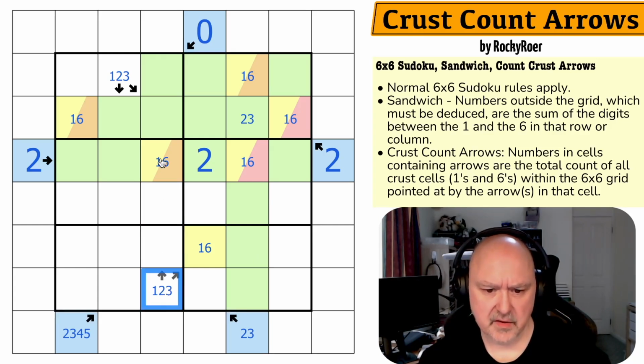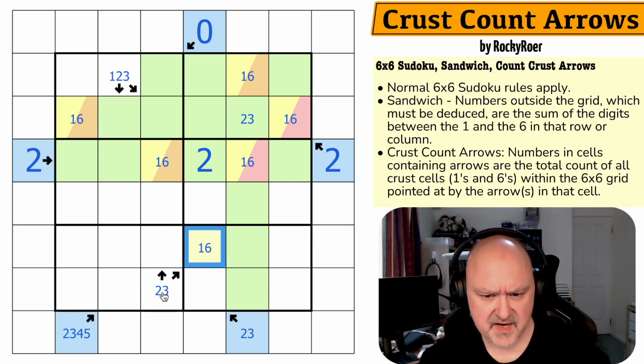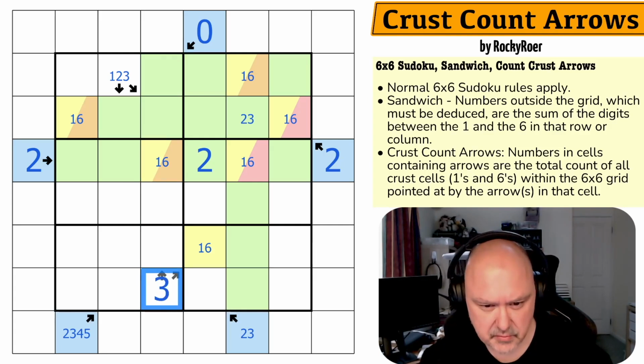If this was a 1, no, this can't be a 1 either, because if this is a 1, I'm already seeing 2. So this is 2 or 3. I'm already seeing 2. In fact, no, this is a 3. This is absolutely a 3, because now that this isn't a 1, I'm seeing both crusts in this column and I'm seeing this one. This is a 3, which is not crust.